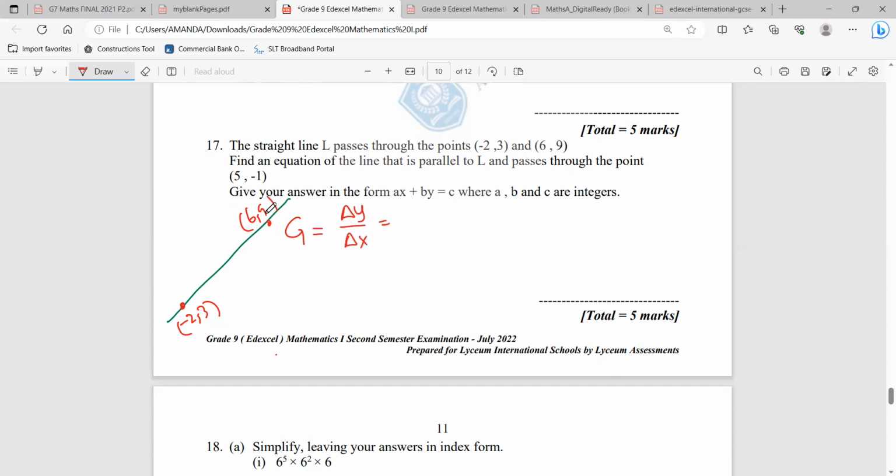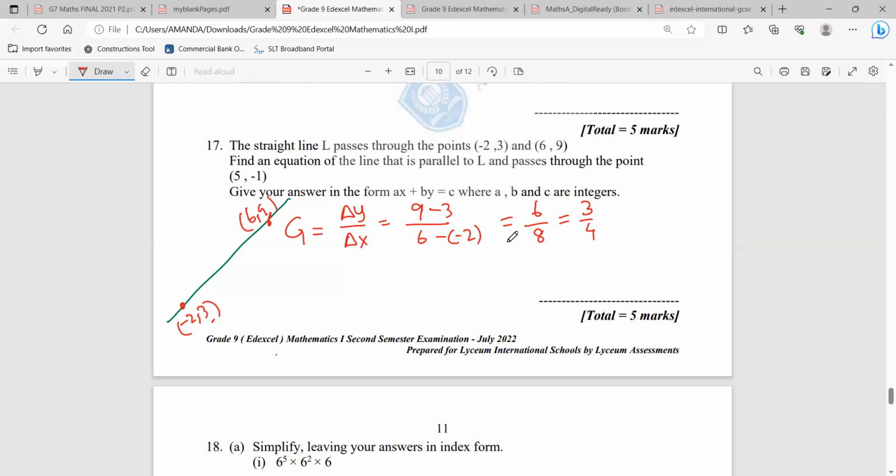First, change in y: 9 minus 3. Divided by change in x: 6 minus -2, which is 8. We have found the gradient now.